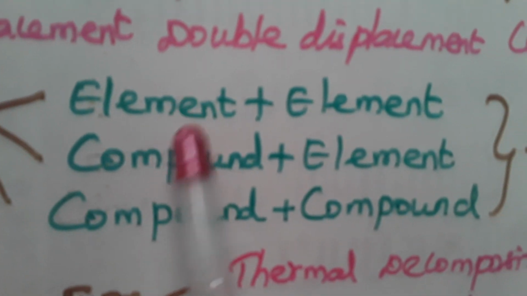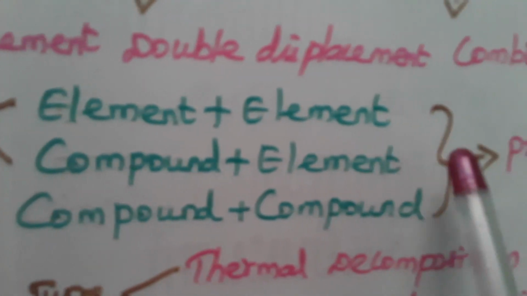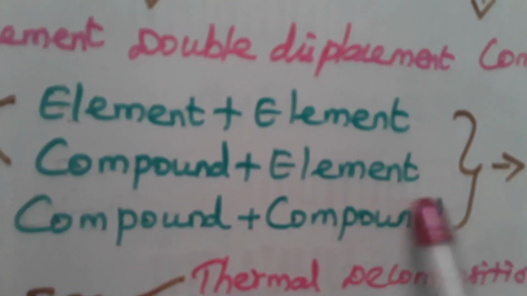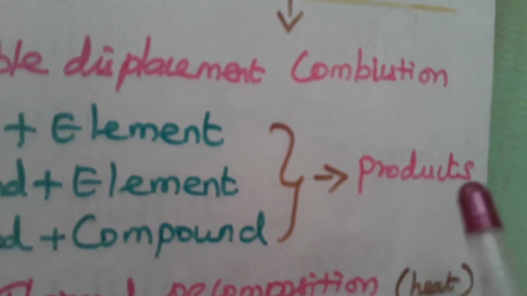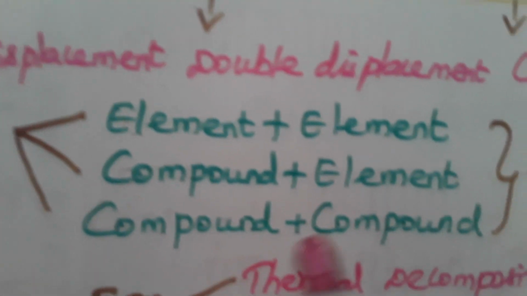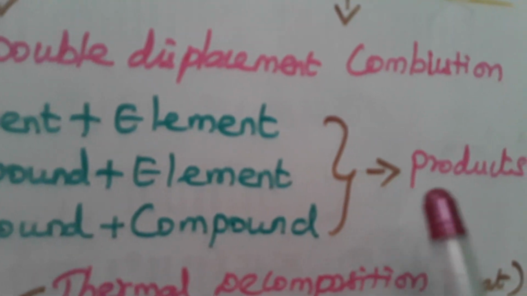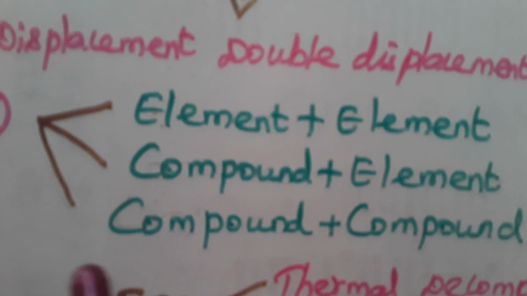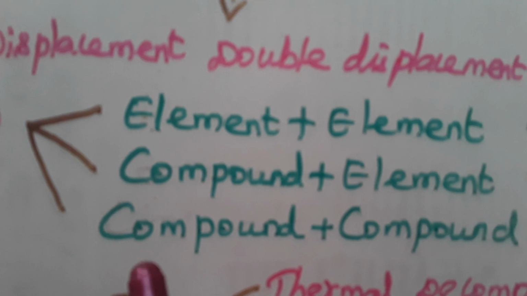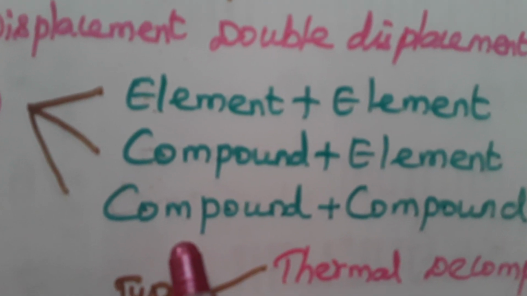One is element and element react together to form a product. Compound and element react together and form products, and compound and compound react together to form products. Students, for all these three, you have so many examples in your textbook. Please refer to the textbook.